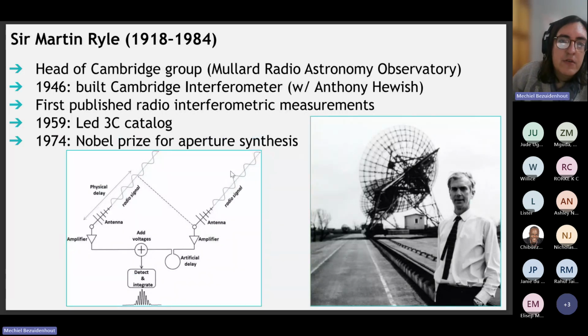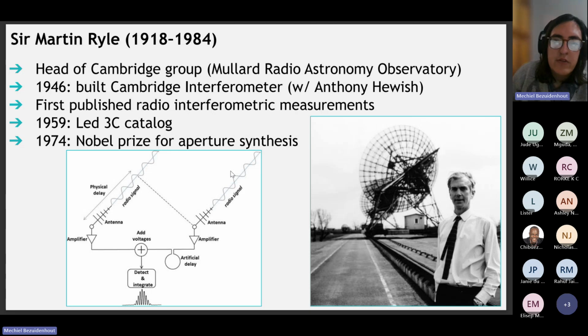Next, after the war, they developed two very fruitful and productive groups studying radio astronomy in the UK. The first group was based in Cambridge, and it was headed by Sir Martin Ryle.